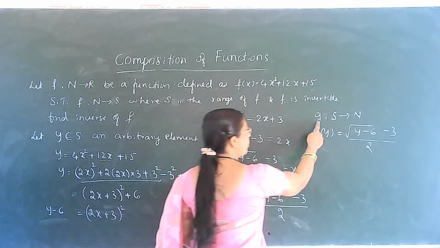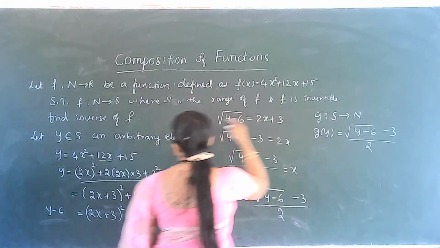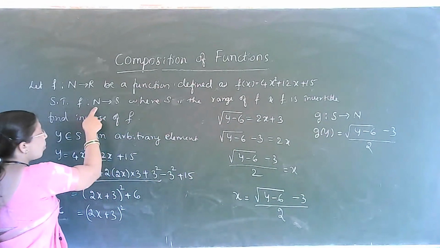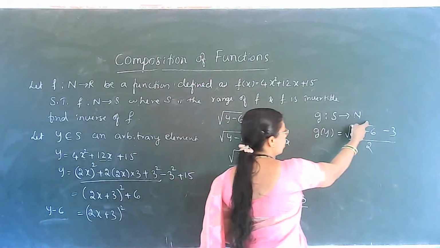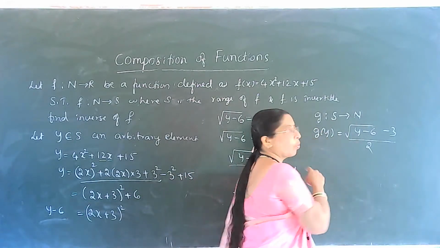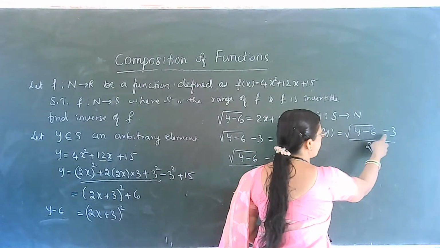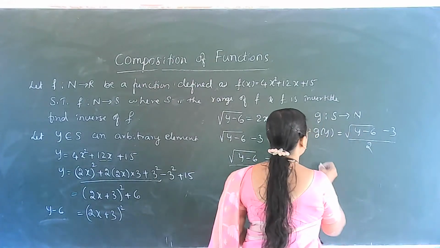Understand? g is a function from S to N. Then g of y is equal to the square root of y minus 6, minus 3, divided by 2.